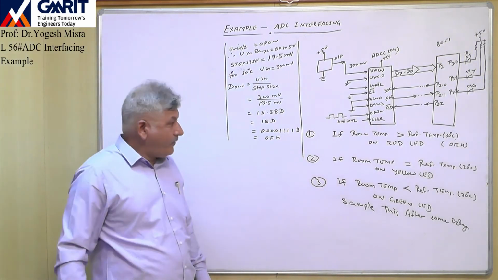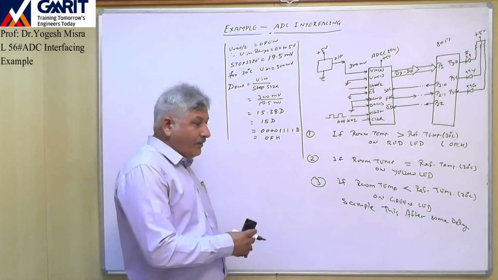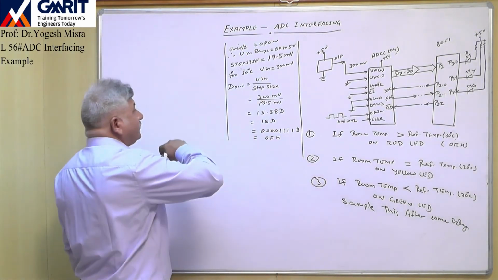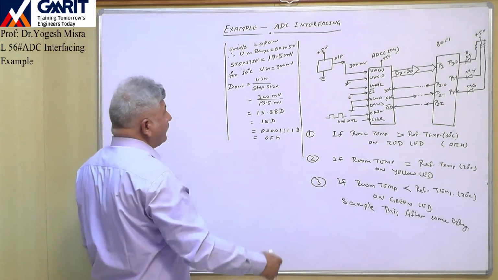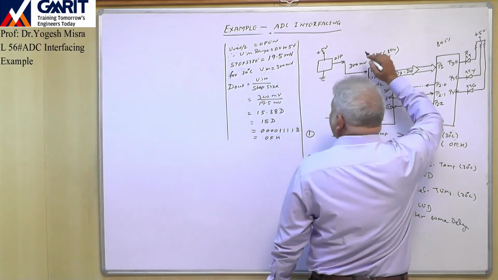Now we have done the calculation. Now we will write the program to perform this operation. So for this calculation, I will write this value here so that I can get the space.